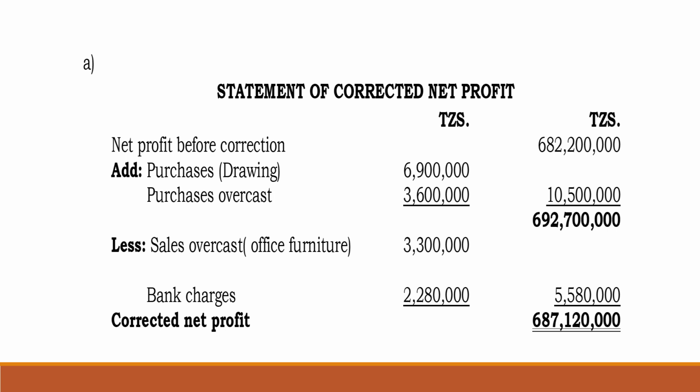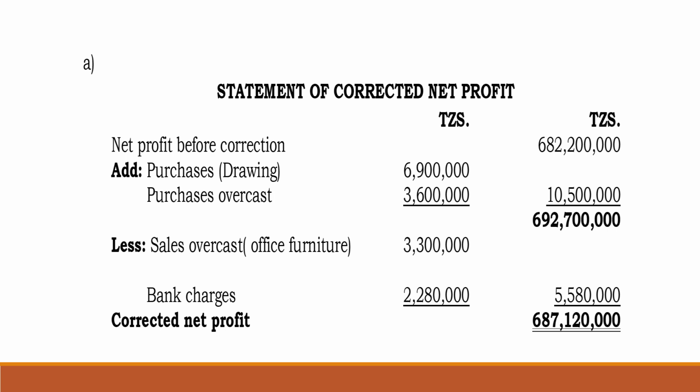So again, this way goes to a rectification of the profit, if it happens that the profit was already calculated. So our net profit reported before correction was 682,200,000. But the purchases that go to drawings, purchases that originally were not part of purchases, we deduct, and then we add the purchases overcast.